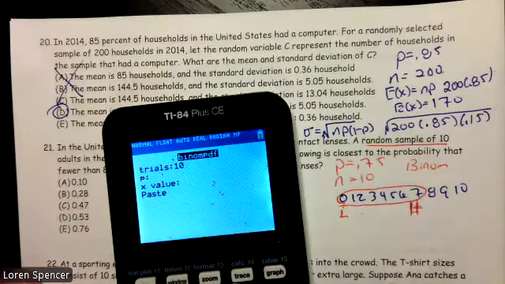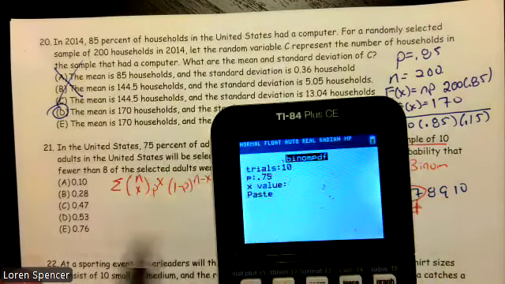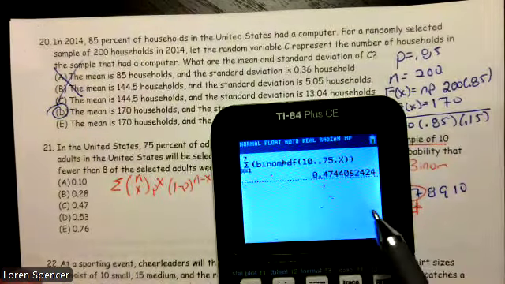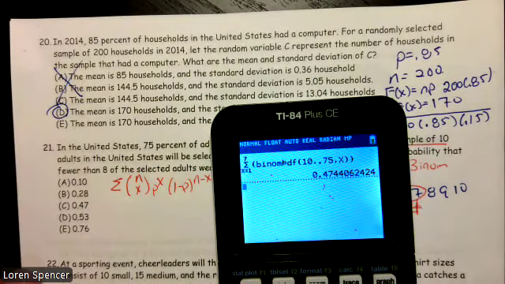Trials, we had 10, N was 10. Our p-value was 0.75, 3/4. Our x value, anytime we work with summation, we just use x. And we get 0.4744. So our best answer choice is C.